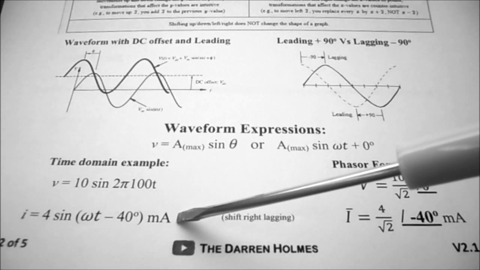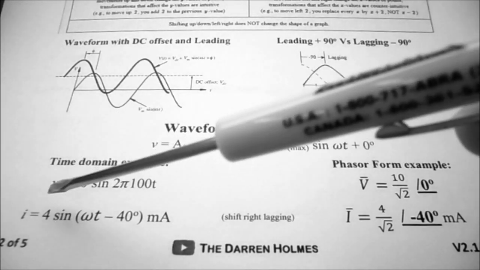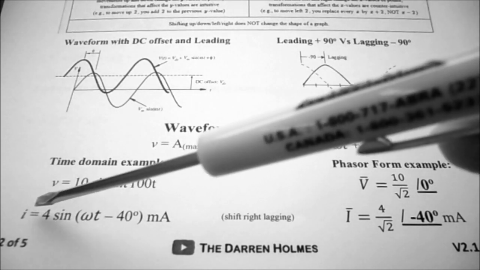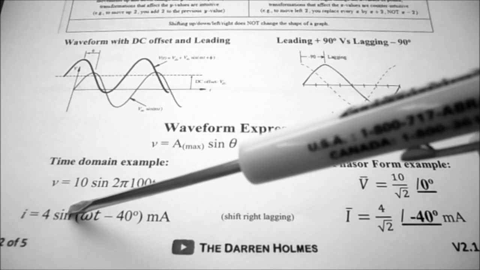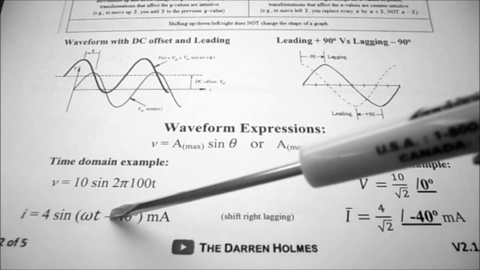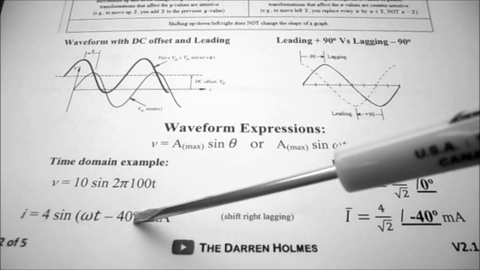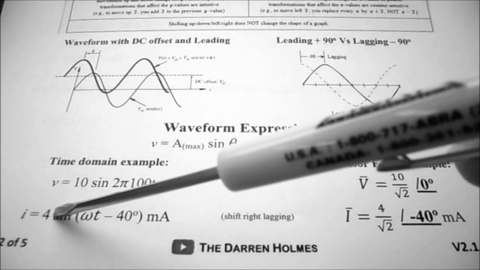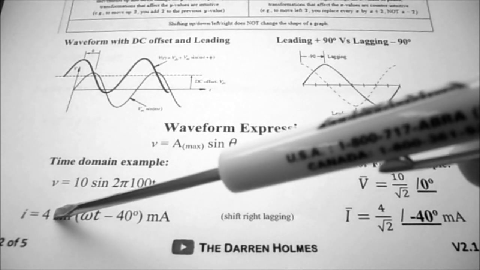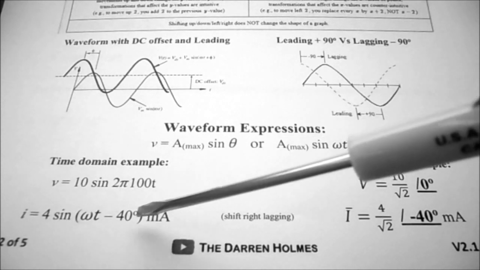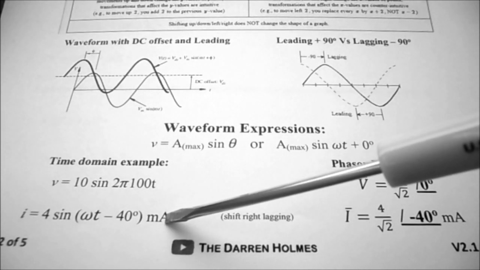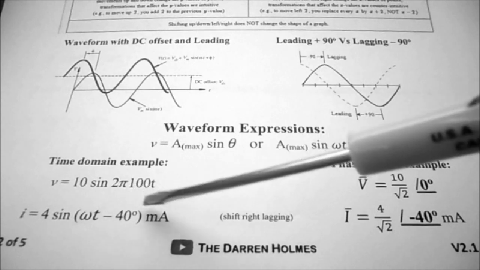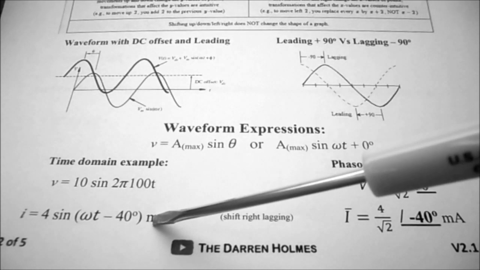On the second example I have here, I have a current I, and it's equal to 4 sine omega t minus 40 degrees. So the 4 is the maximum, so it would be plus 4 milliamps at the peak, minus 4 milliamps at the negative peak.